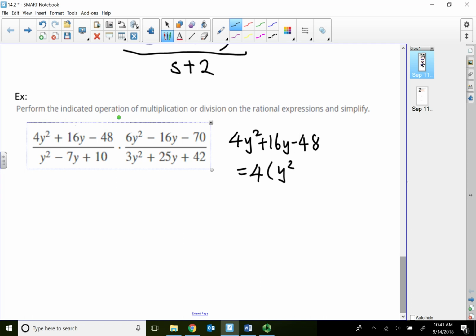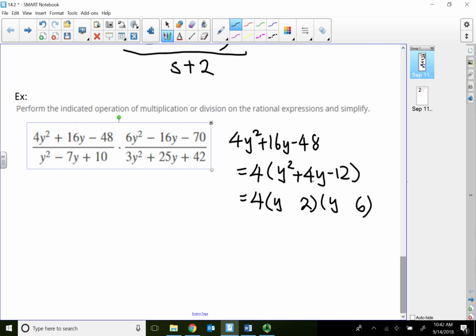So that's y squared plus 4y minus 12. All right, in the parenthesis, I have a trinomial, so let's factor again. Always check inside the parentheses, see if it's factorable. So y and y, and for 12, that will be 2 and 6.